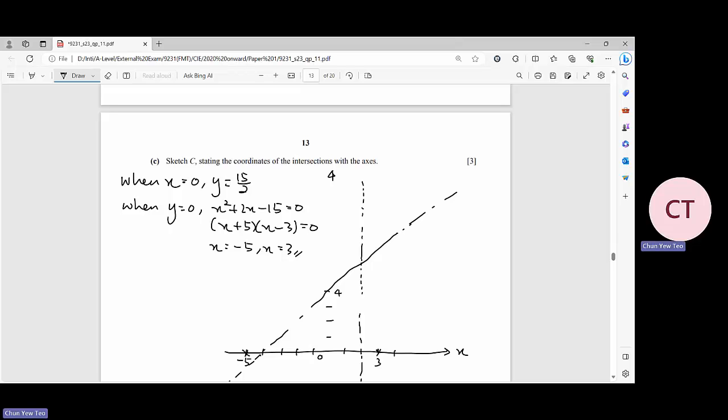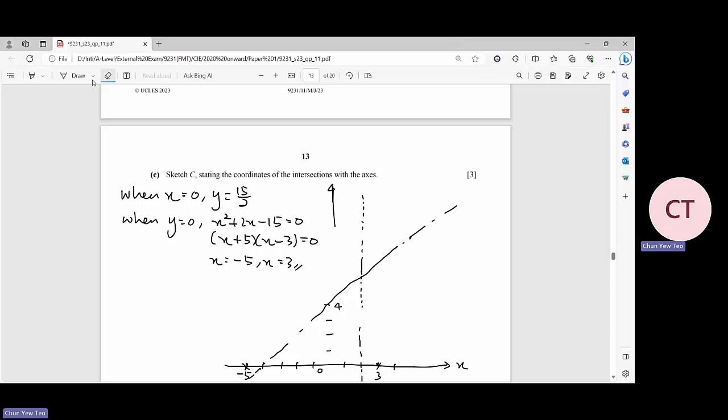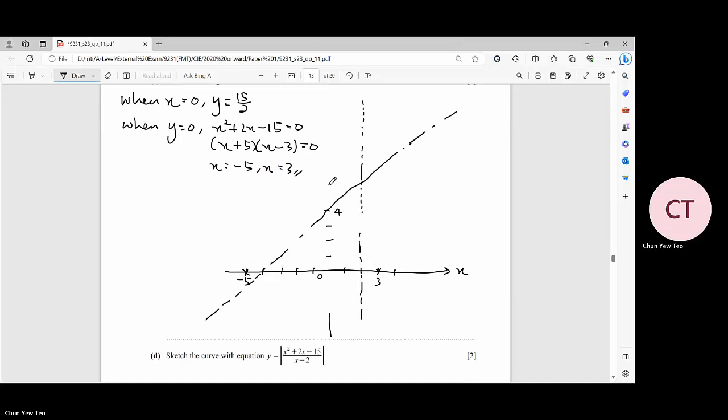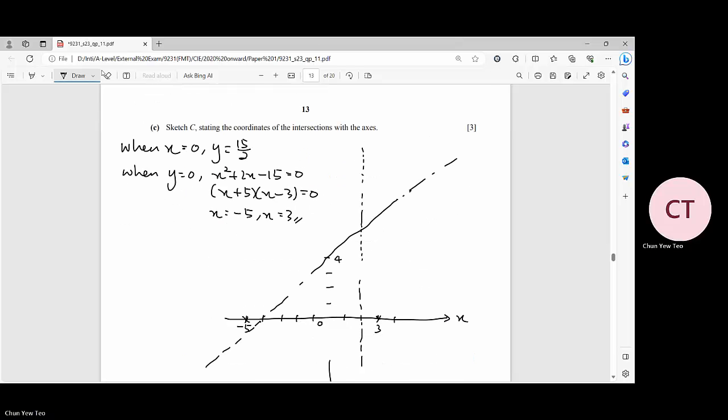Okay, so again, in an exam, we better use a ruler in order to draw the graph properly. Over here, let me just extend my vertical axis slightly higher. So this one is -4. This one is +4. Okay.